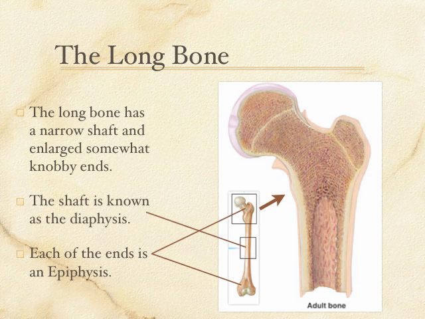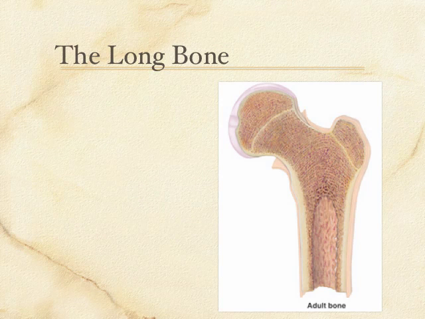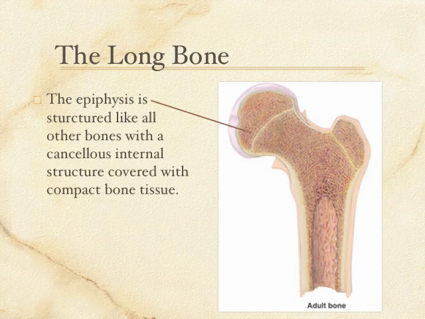Now we're going to make a distinction with their structures. Let's start with the epiphyses. Either epiphysis, doesn't matter. We're showing you the proximal one. We could be looking at the distal one. The epiphyses are structured exactly like every other bone in the human body.